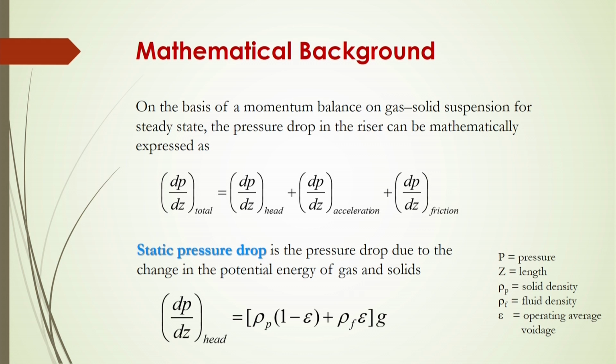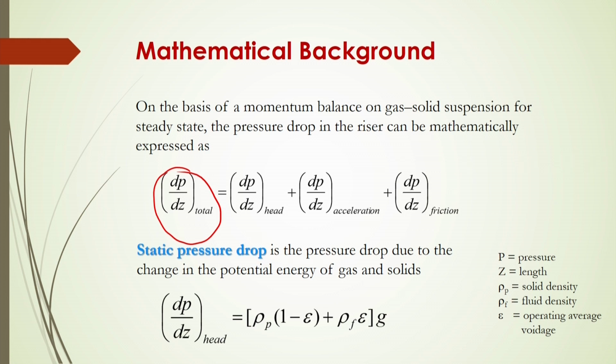On the basis of the momentum balance on a gas-solid suspension at steady state, the pressure drop in the riser can be mathematically expressed as dP/dz equals, that is the total pressure drop which is measured in the fluidized bed operation.